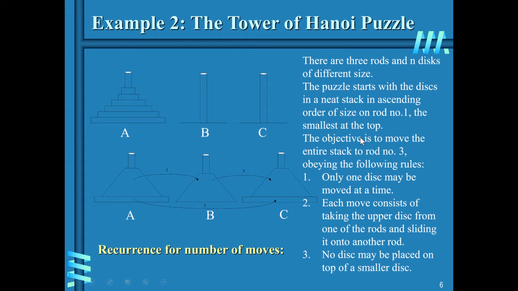The objective is to move the entire stack to pole number 3, following these rules. First rule, only one disk may be moved at a time. Rule 2: each move consists of taking the upper disk from one of the poles and sliding it onto another pole.